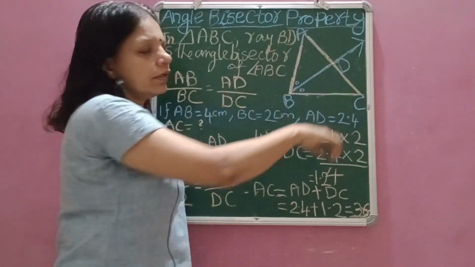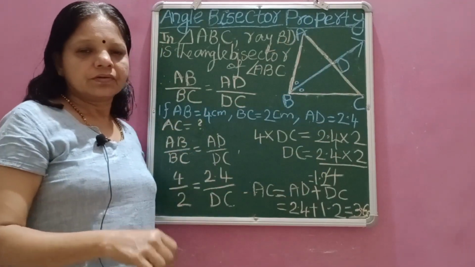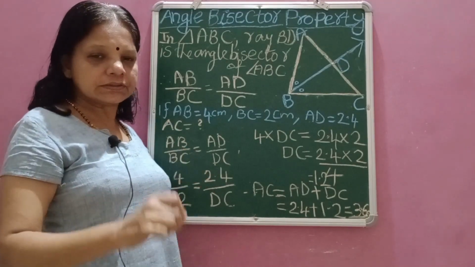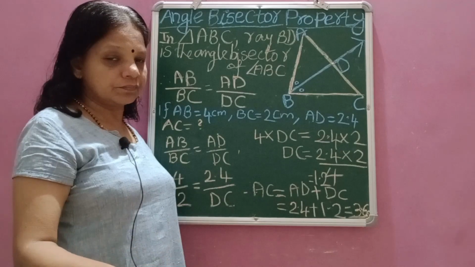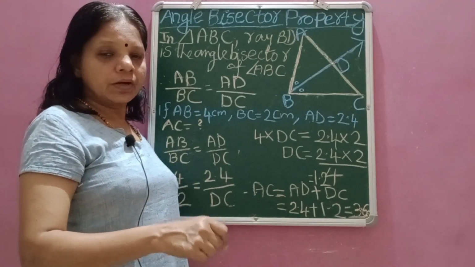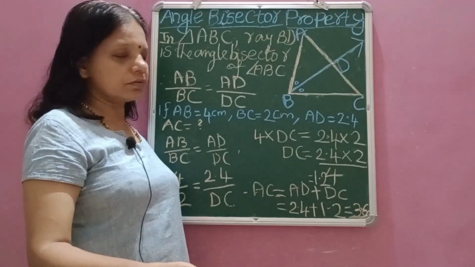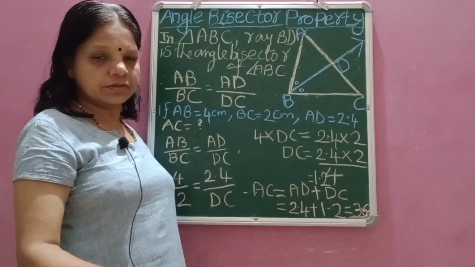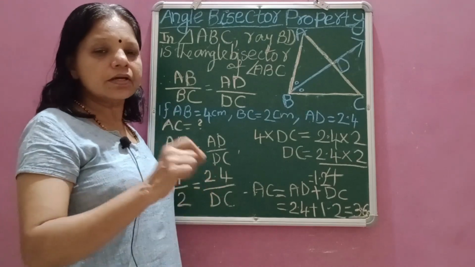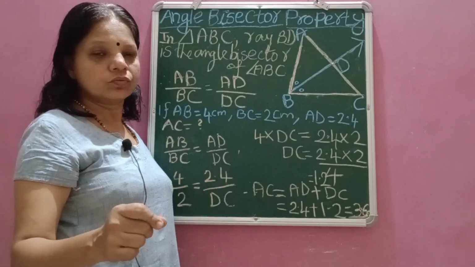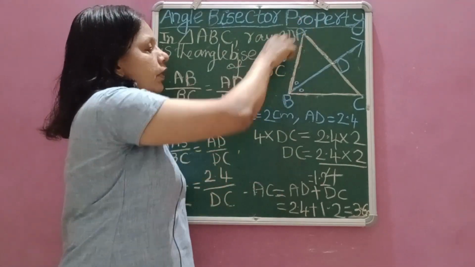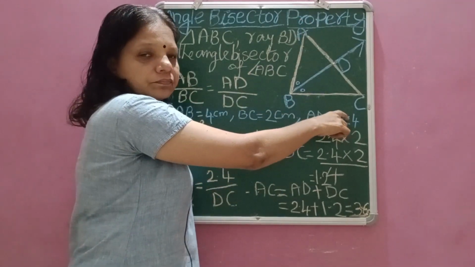AD and DC. The third side, where the bisector intersects, divides into two parts in a particular ratio. What is that ratio? The ratio of the remaining two sides.